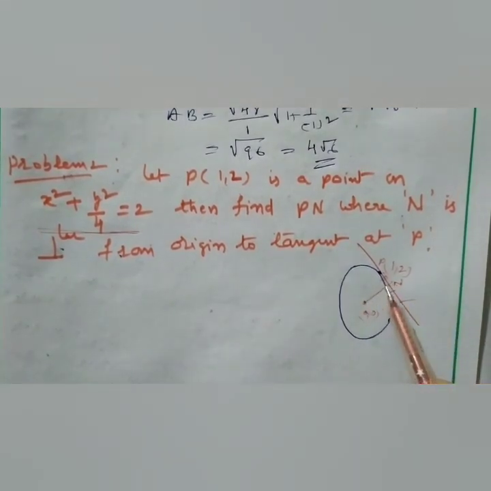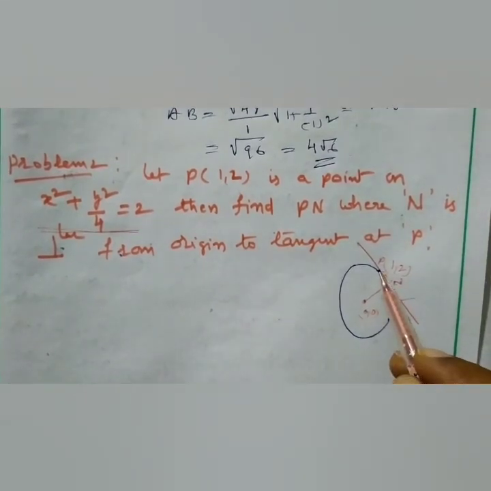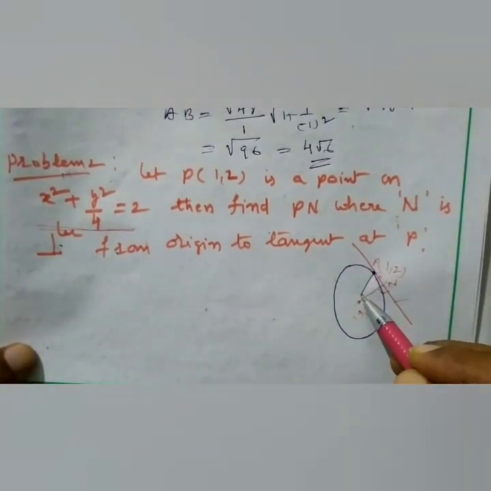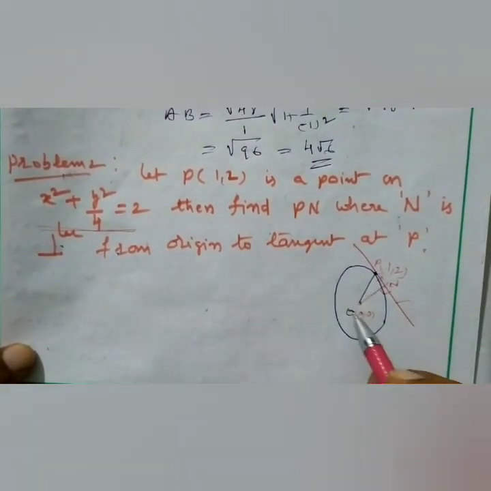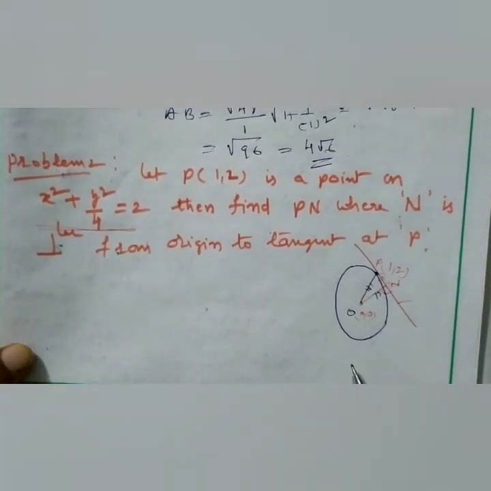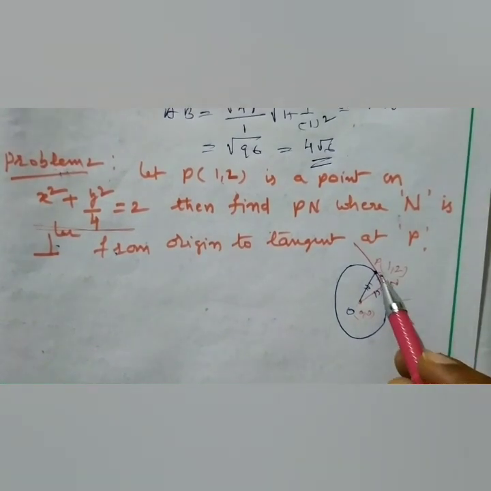Here this length we calculate already, and this is the origin and P. Using these 2 points we can find the length, and by using the Pythagoras theorem you can find the required length Pn.